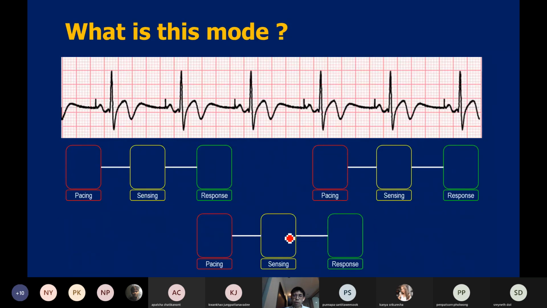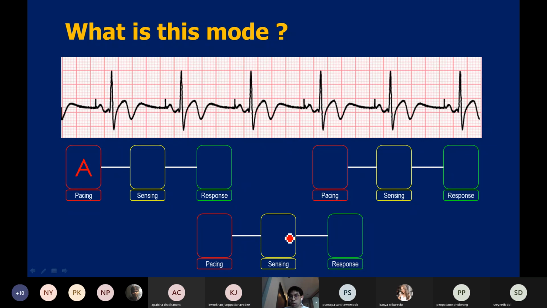And what is the mode of this? I think it is pacing. Okay, pacing. What about sensing? Sensing.